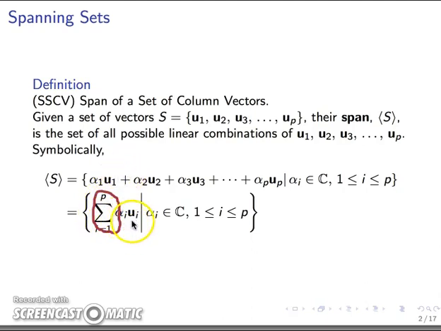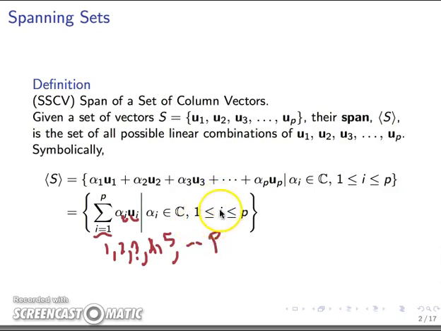That means you're adding several terms, describing them using subindices as needed, so alpha sub i, u sub i, and the index i is taking values 1, 2, 3, 4, 5, 6, etc., until the letter p. That's the idea with this notation.